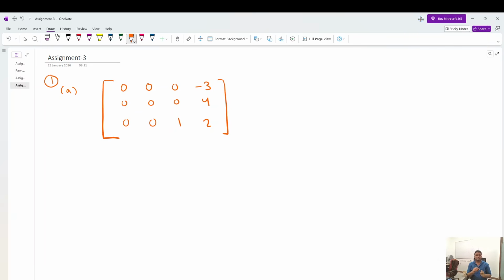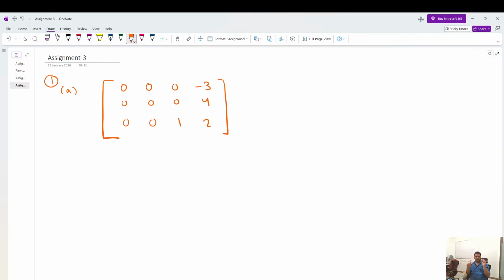Okay, so you might have used the word pivotal in class. Pivot means something crucial or important. So it's that entry below which you convert every other entry to be zero. In row echelon form, you should have a staircase kind of thing, right?